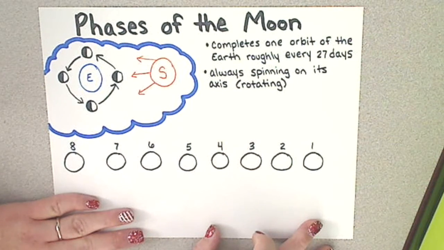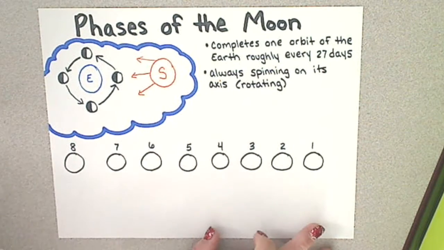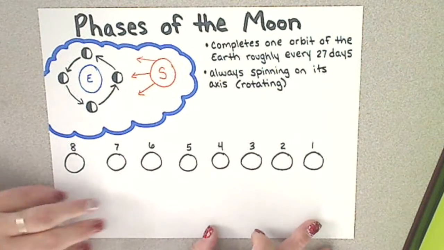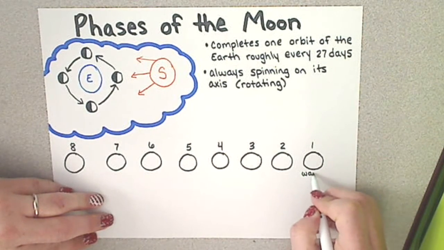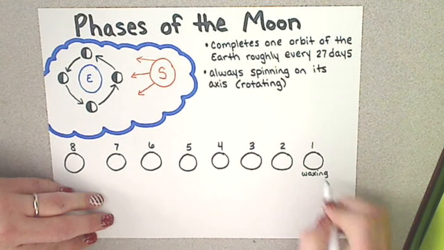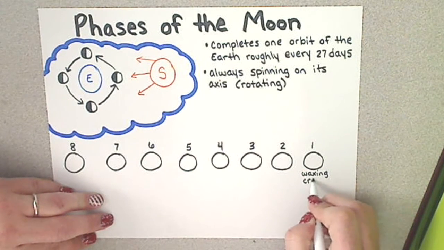So we are going to start by looking at the very first step in the phases of the moon, which is called the waxing crescent.